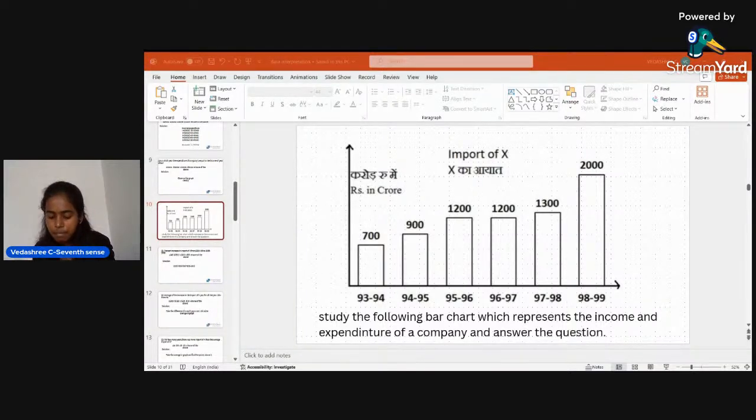First 700 minus 900 is nothing but 200. Then 900 minus 1200, that is 300. Then 1200 minus 1200, that is 0, plus 1200 minus 1300 is 100, plus 1300 minus 2000 is 700.